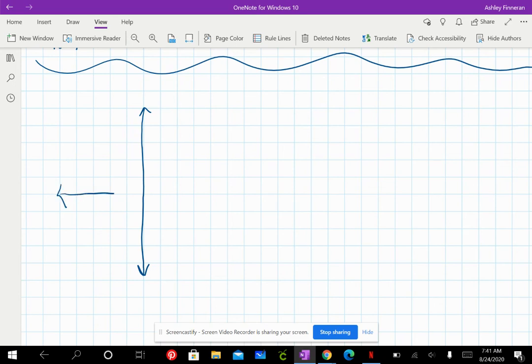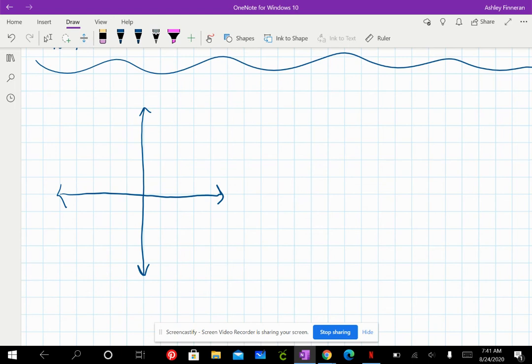So if I take a quadratic, let's say f of x is just equal to x squared.